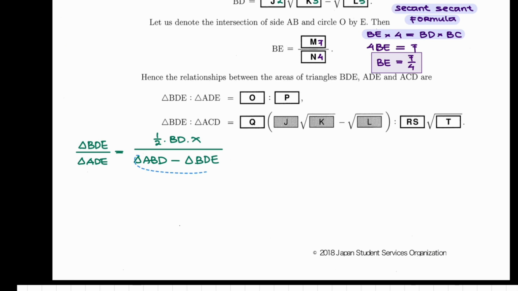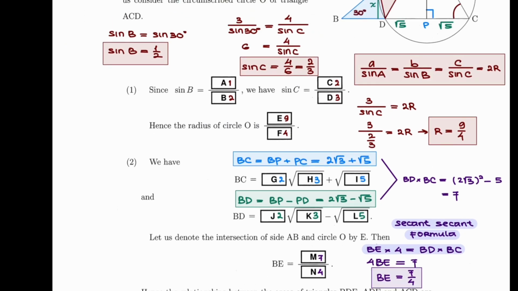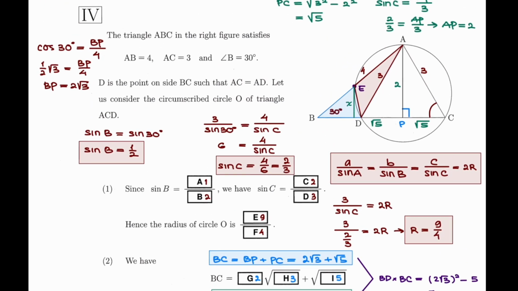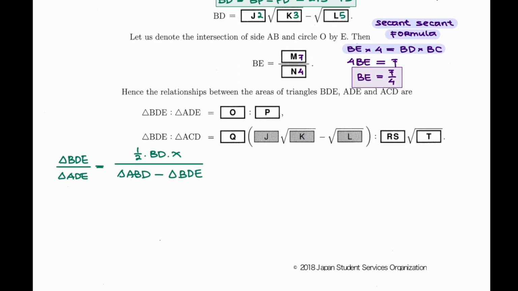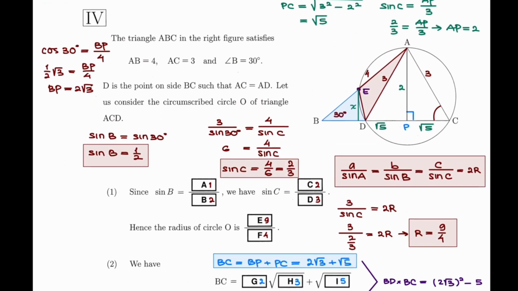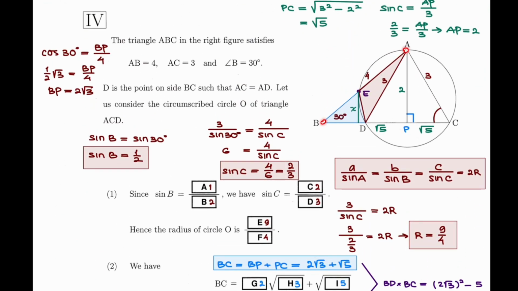Let me check from our diagram. ABD minus BDE, yeah, that's correct. To calculate the area of triangle ABD, which is this large triangle, you can use the formula half times base, I will assume the base is BD, times height.